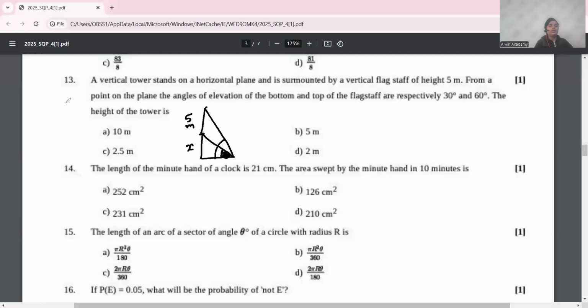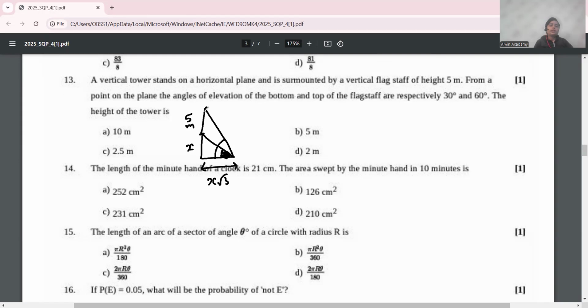Firstly, I am using this particular triangle, we get that the base length, this particular length, is x root 3, since x by x root 3 is tan 30, which is 1 by root 3.